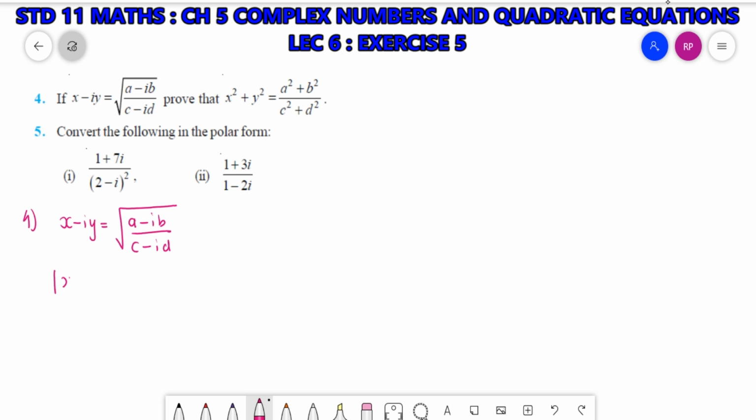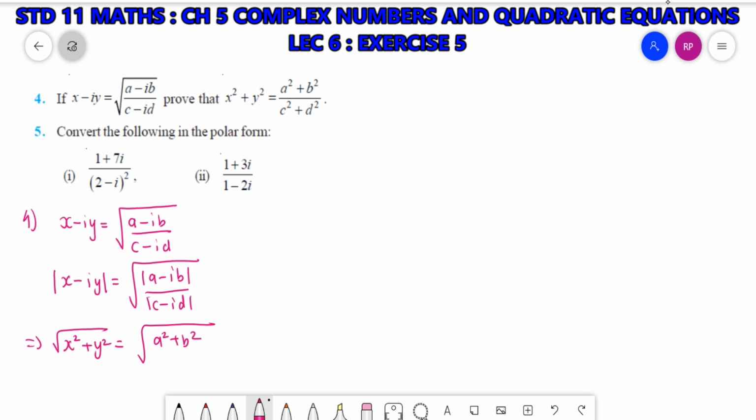Taking modulus of x minus iy, that will be equal to modulus of a minus ib upon modulus of c minus id. Now, what is the formula for modulus? Under root of a square plus b square. So here we will get under root of x square plus y square. In this case, a minus ib, so a square plus b square, and in denominator c square plus d square.